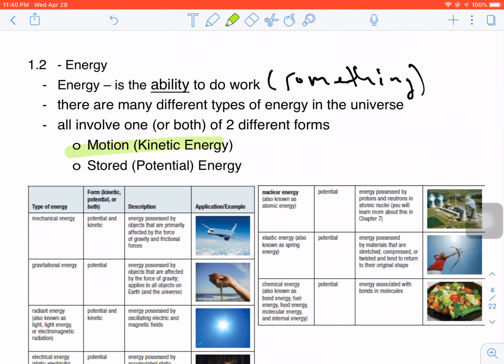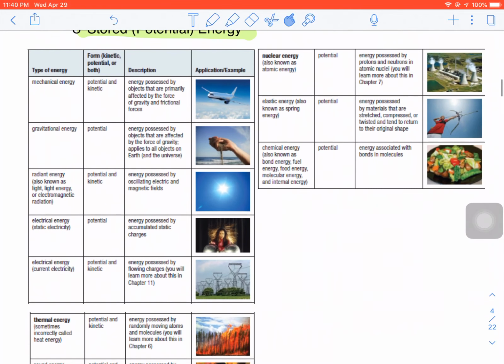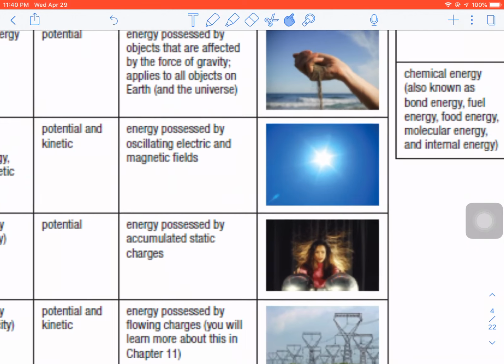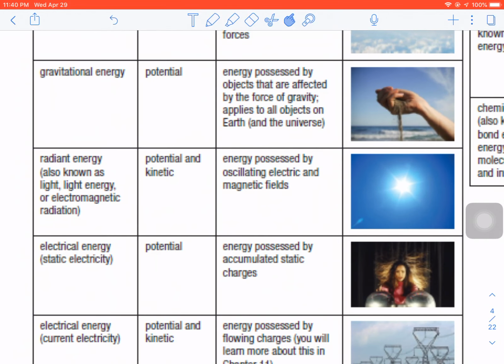The other main type of energy is stored energy or potential energy. There are a number of different ways that energy can be stored. We're going to talk today largely about gravitational energy, but gravitational energy is potential.